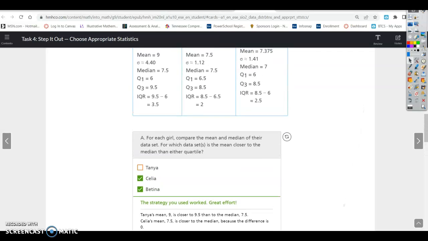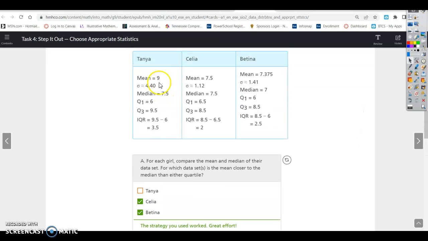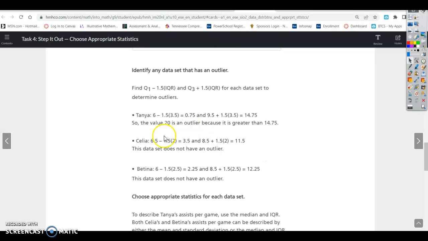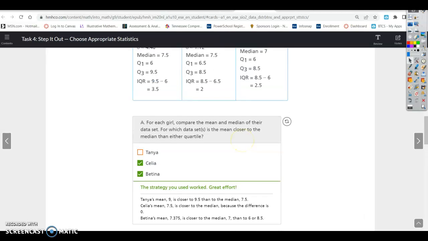Again, her information is going to come from right here. It's her Q1. And then her interquartile range was 2. So 6.5 minus 1.5 times 2 equals 3.5. And then we're going to do the same thing with her Q3 plus 1.5 times her interquartile range, which is 11.5. So 3.5 to 11.5.